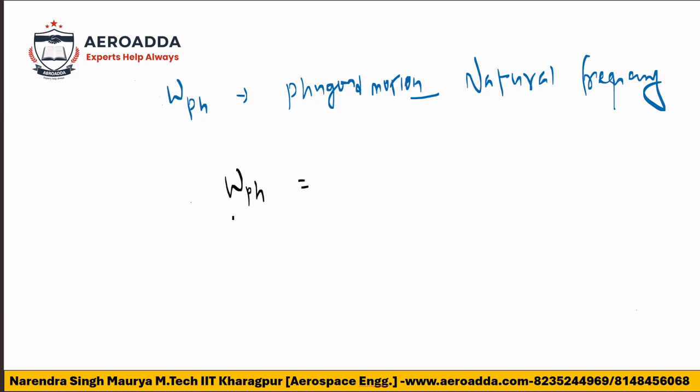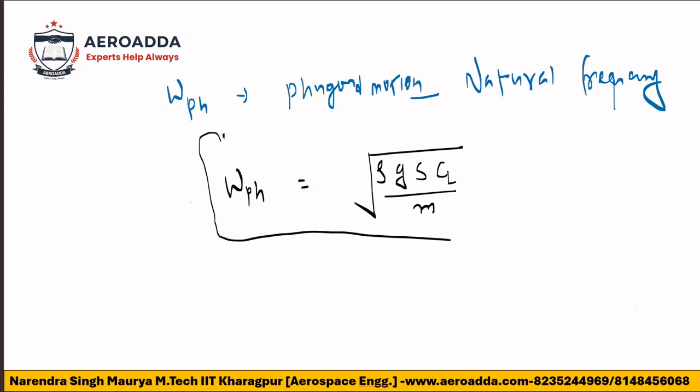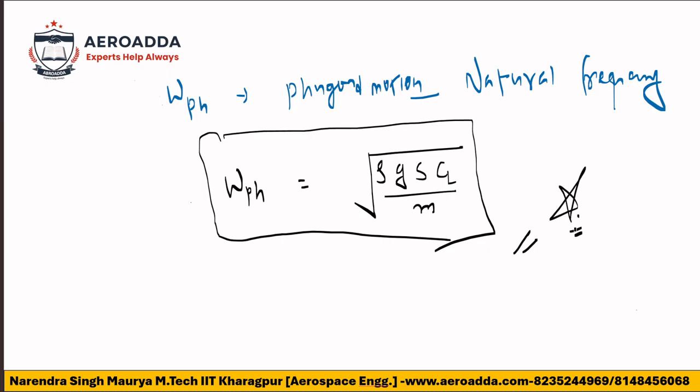See, the natural frequency of the long period oscillation depends on which factors: rho, g, s, Cl, and the mass of the aircraft. These are the factors. This is very important, very important. And it has been asked based on this.